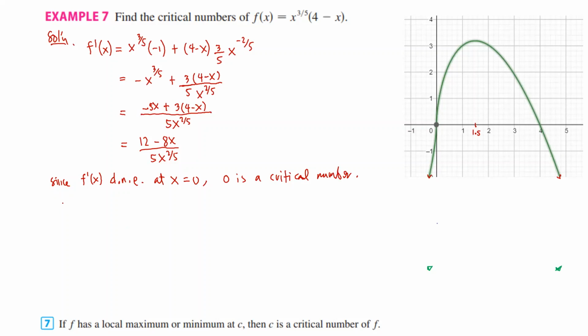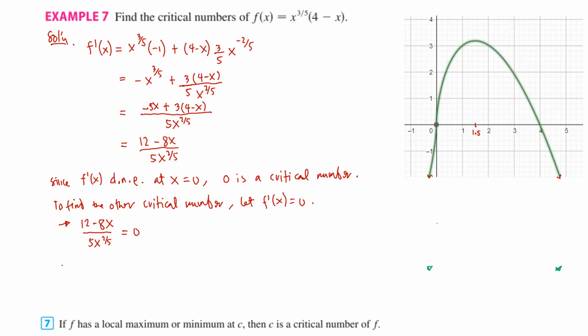Now, to find the other critical number, we already have one critical number, okay? To find the other critical number, we let f prime of x equal to 0. That means that you will have the derivative of f, which is 12 minus 8x over 5x raised to 2/5, equal to 0.